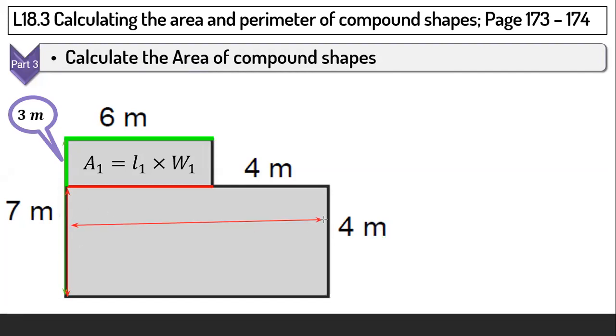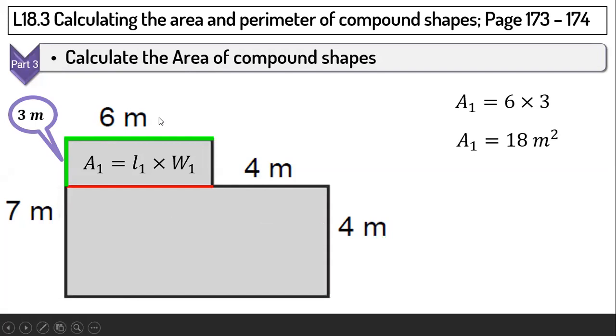The opposite side is actually 4. So what will I do to find this piece? You're going to subtract 7 minus 4. So this part is a 3. Now I can find my area. Your area right now will be length times width, which is 6 times 3, and the answer will be 18.